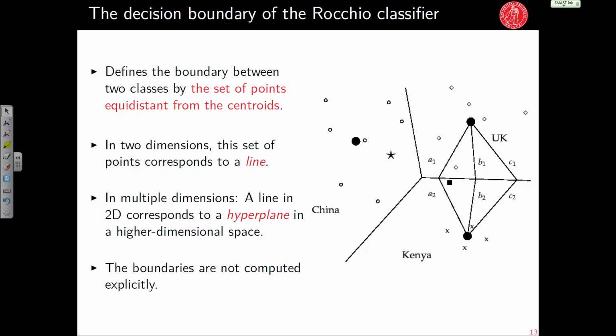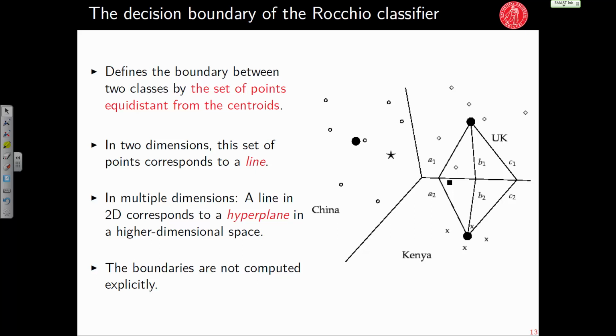It's the set of points in a two-dimensional space. It's a line. In a three-dimensional space, it will be a plane, and in higher dimensional space it will be a hyperplane, which contains all the points that have equal distance to the centroids of two classes. Of course, what Rocchio computes is just these centroids, right? Rocchio is not computing the lines here, but it's an outcome of this computation of the centroids that you can represent the decision boundaries as lines.